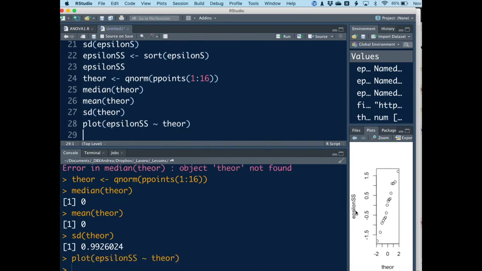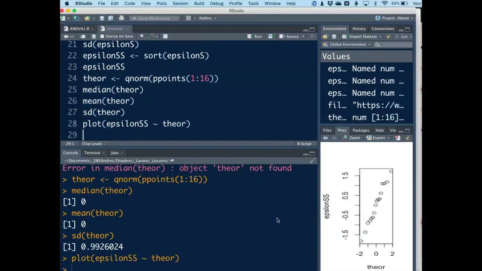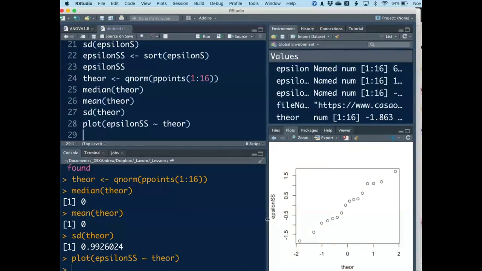And here we go, we obtain this graph. If the theoretical residuals are equal to our residuals, they should lie along the diagonal. Something like this.